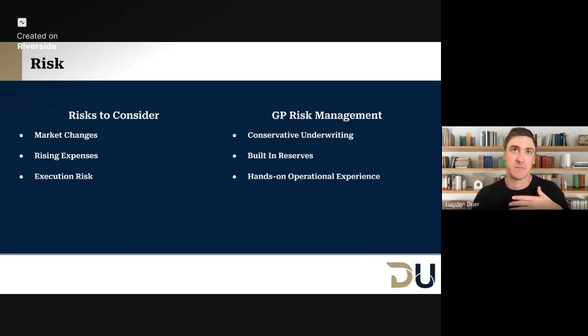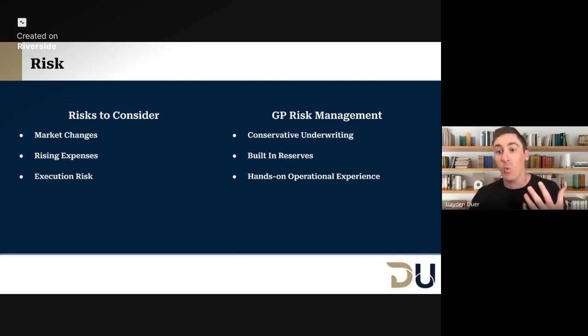That's a major risk. So you've got to factor in employment and rent growth in specific markets. You've got to factor those into your investments, and that's a lot of the vetting work that we do beforehand, but there are still additional risks. Rising expenses: insurance has gone through the roof over the last couple of years, making it almost impossible to underwrite and figure out what those insurance risks are. But being able to factor those in and add some padding into your underwriting is how you mitigate those risks.